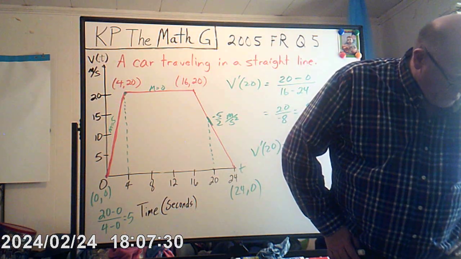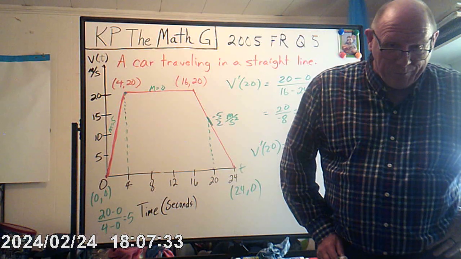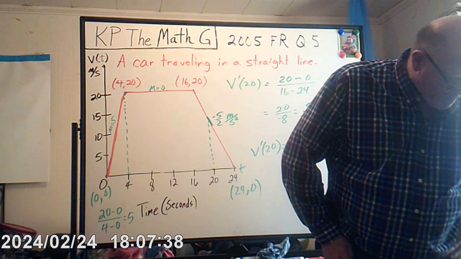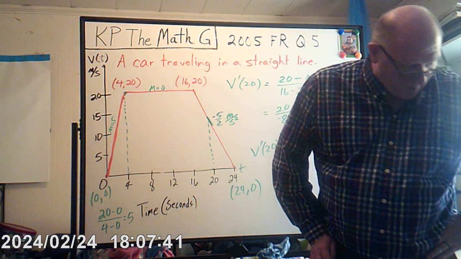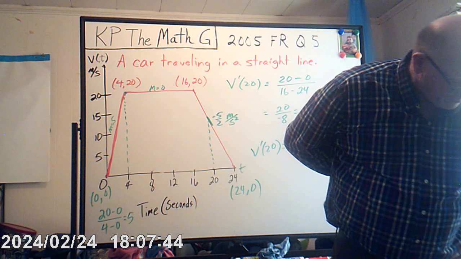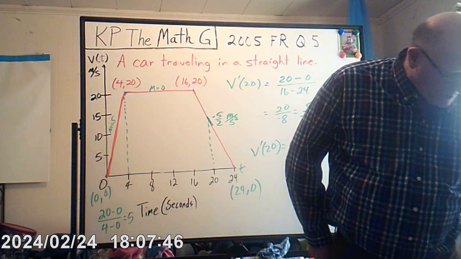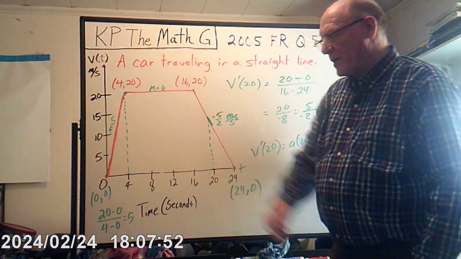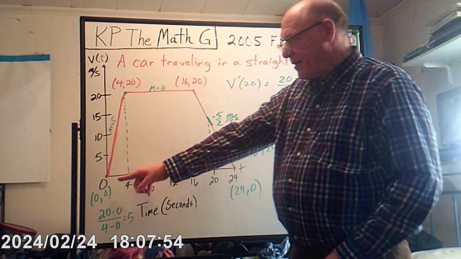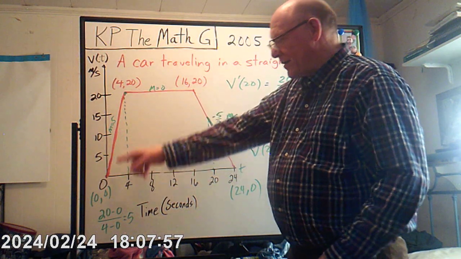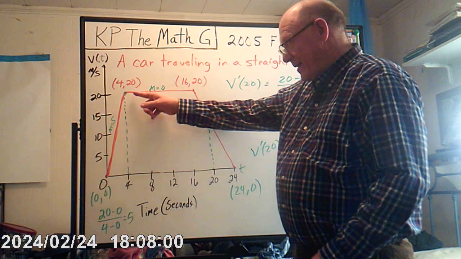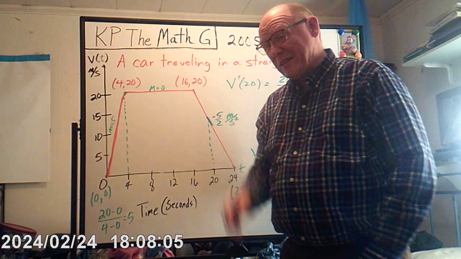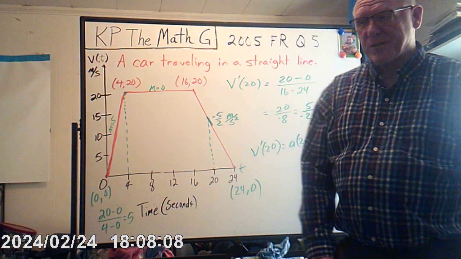Maybe we might have time to deal with the C part of this. That's mainly, I just wanted to get this, especially the V prime at 4. Anytime you see the velocity equation, you got this piece slanted and this piece straight across, or even if it's slanted a different way, that does not exist.